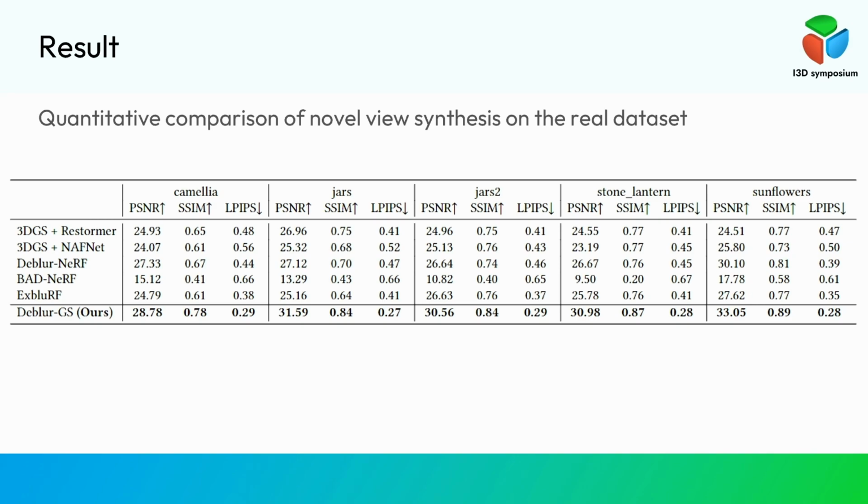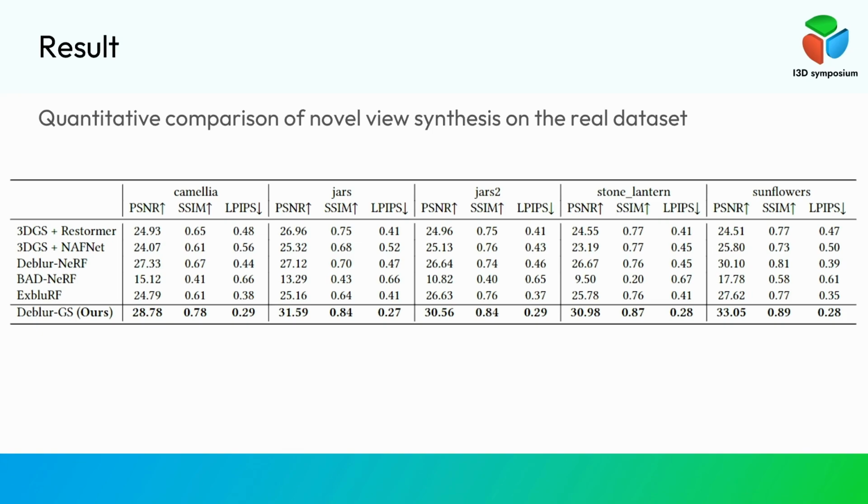For the 2D image methods presented here, they struggle to generate deblurred results due to the absence of 3D scene information during the deblurring process. And as for Bad-NeRF, they fail to reconstruct the scene due to instability and insufficient training iterations.